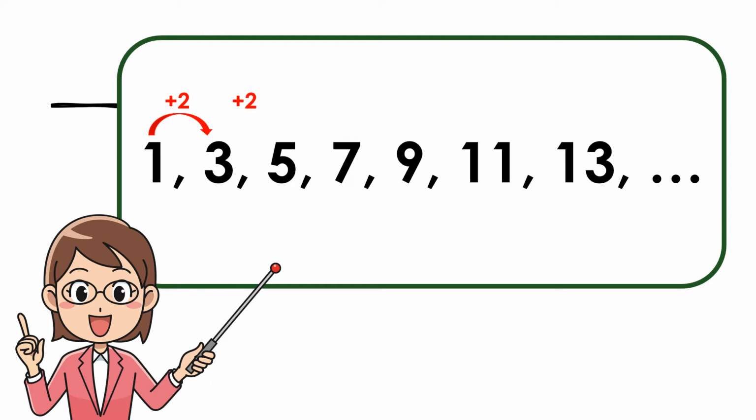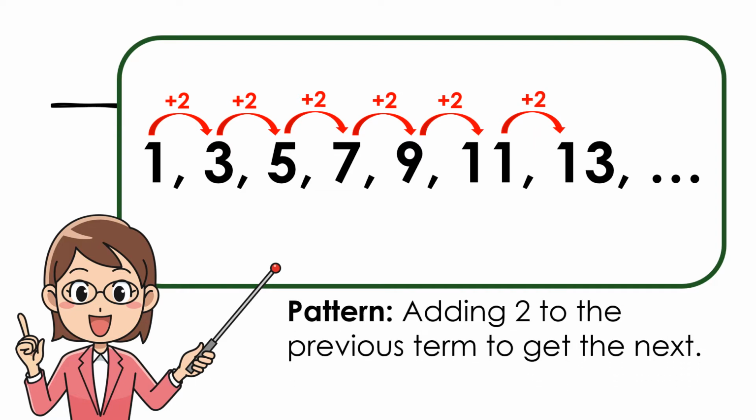If we add 2 again to the second number, this becomes 5. If we add 2 again to the third number, it becomes 7. And the cycle goes repeatedly. So, the pattern in this set of numbers is adding 2 to the previous term to get the next.